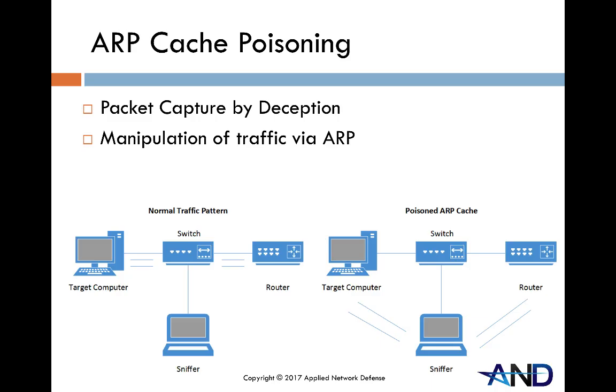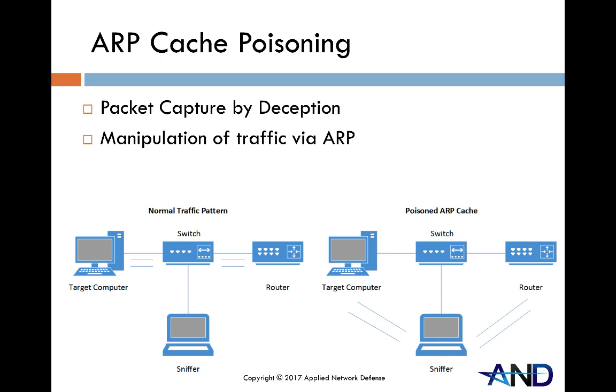So when the target computer and the router think they're talking with each other, they're actually talking with the sniffer. The sniffer is going to act to some degree like a router, routing the traffic back and forth between the systems. Maybe better to say it's going to act like a switch and relay that traffic back and forth between the target and the router.